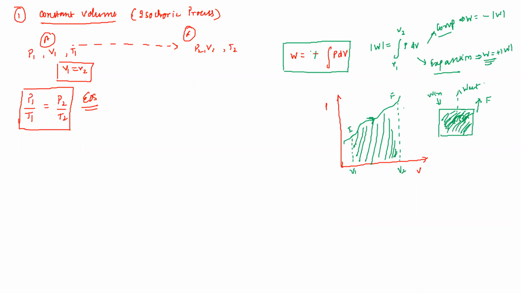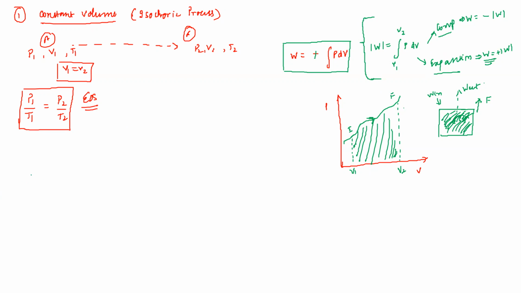So I would recommend that instead of using this formula and getting confused about signs, you use this method. First of all, find the modulus of work done. And then, depending on whether it is a compression process or expansion process, you can decide the sign later.